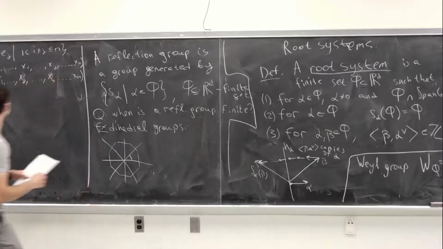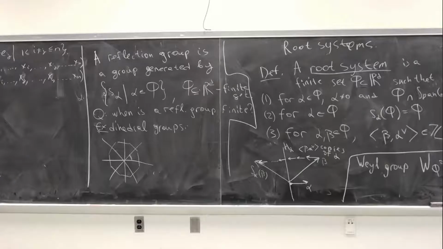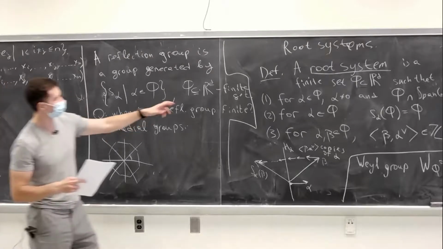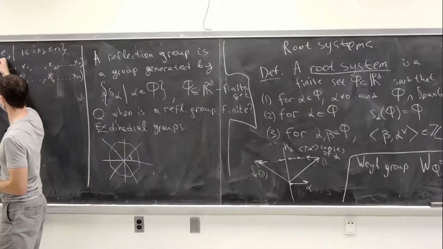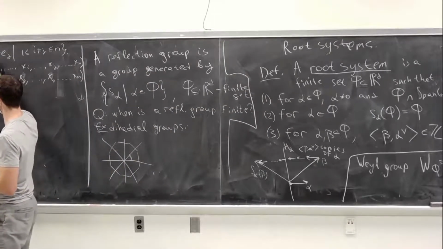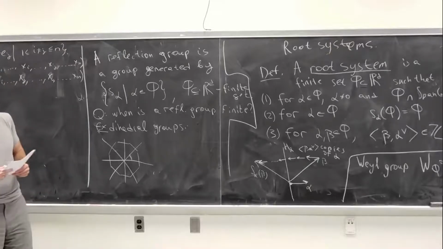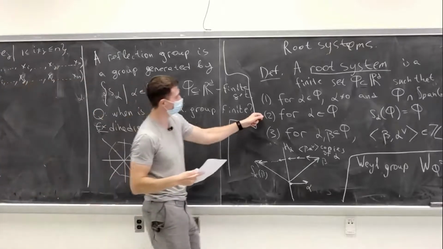Oh, okay, so you're checking the second axiom, right? No, okay, but that's all right. So the first axiom is easy indeed. Clearly, if e_i minus e_j is in my set, then e_j minus e_i is also in my set. And the second axiom is the interesting one.